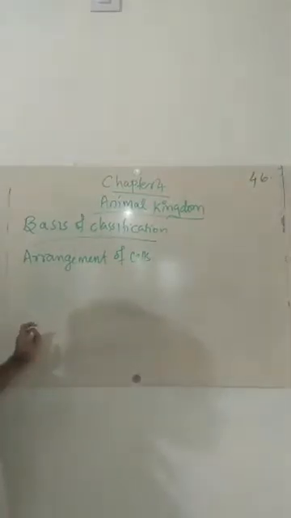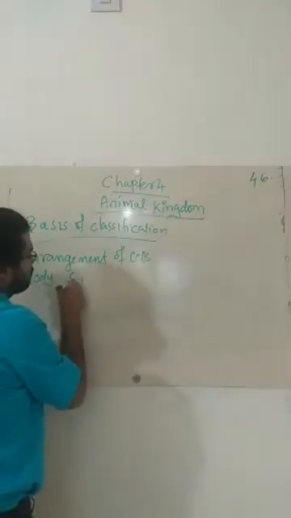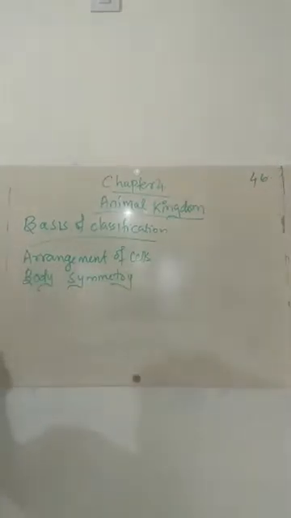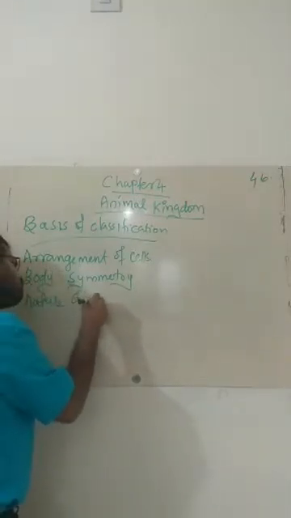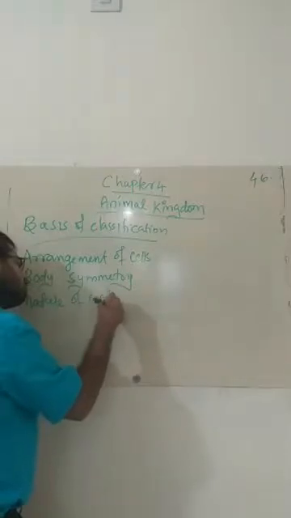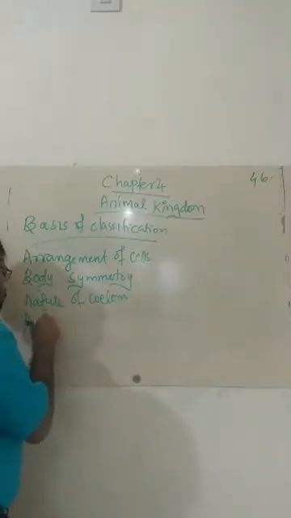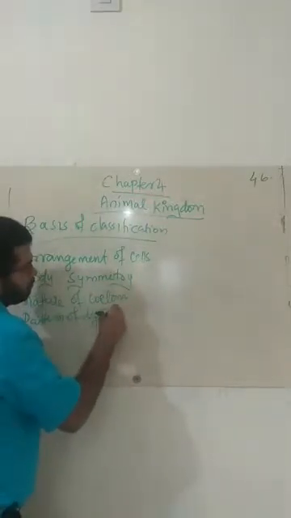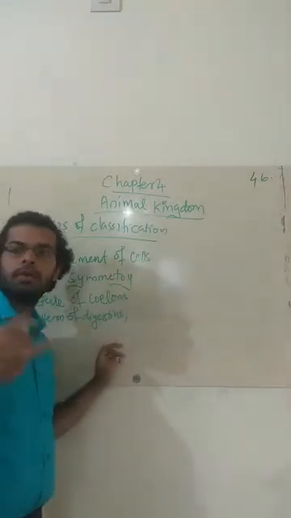Next is body symmetry. Nature of coelom. Next is pattern of digestive, and circulatory or reproductive systems.